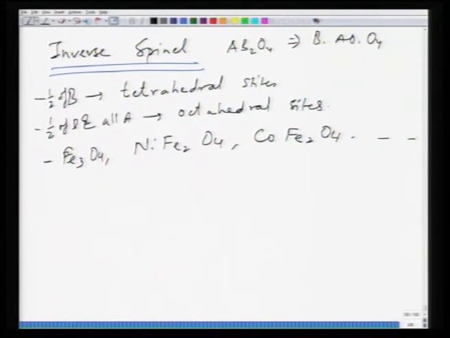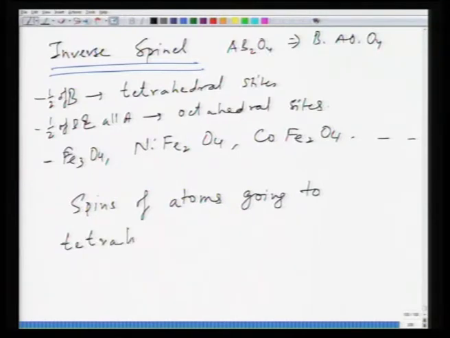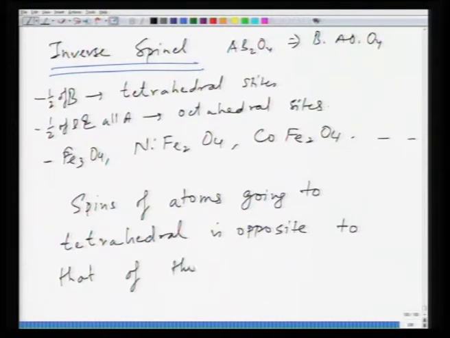Now, from the magnetism point of view, the spin of atoms going to tetrahedral sites is opposite to that of those going to octahedral sites.